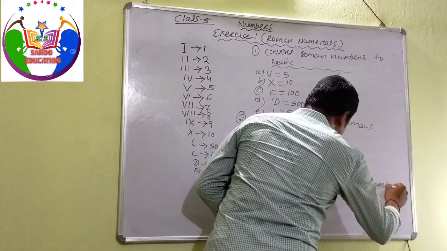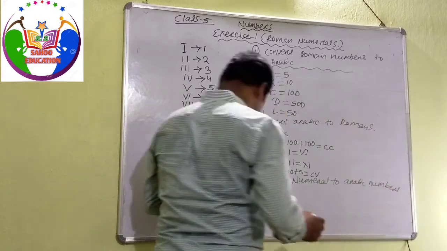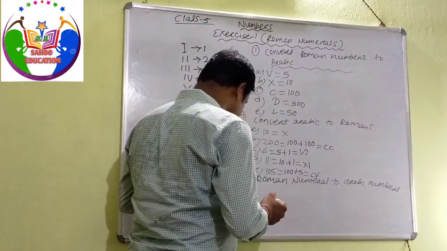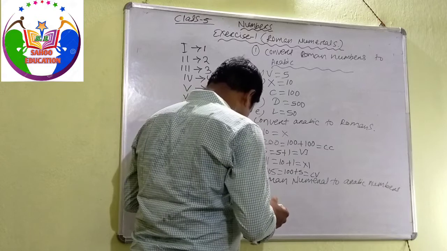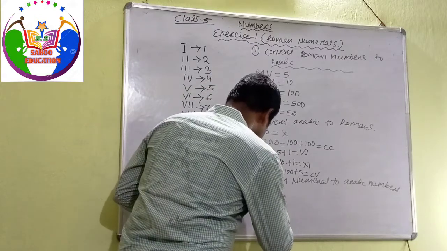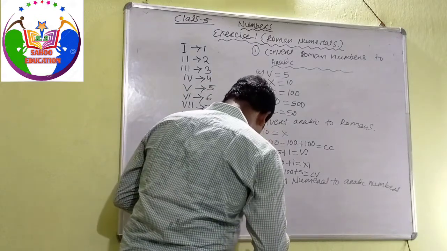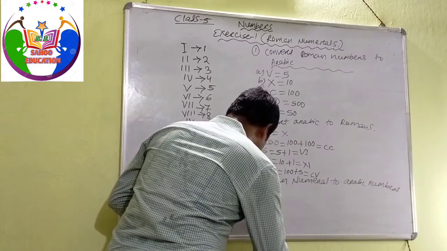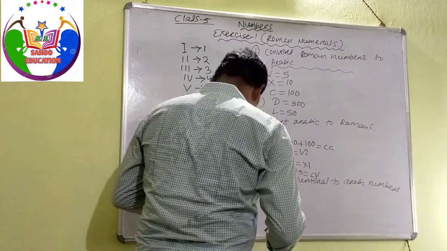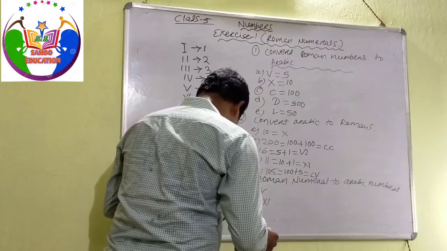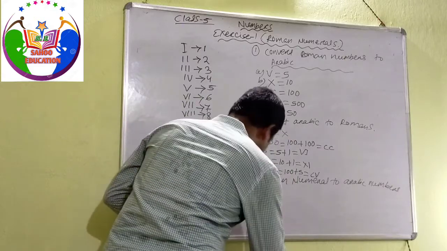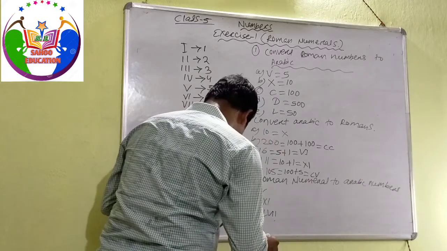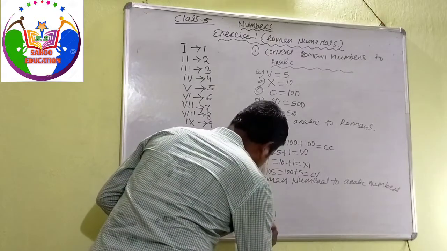Okay. So here given some numbers, A is given LV, B is given CXI, C is CLVII, and D is for XX.